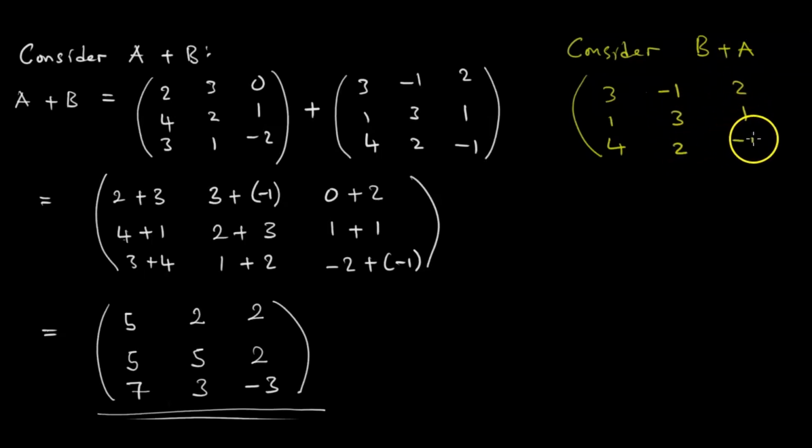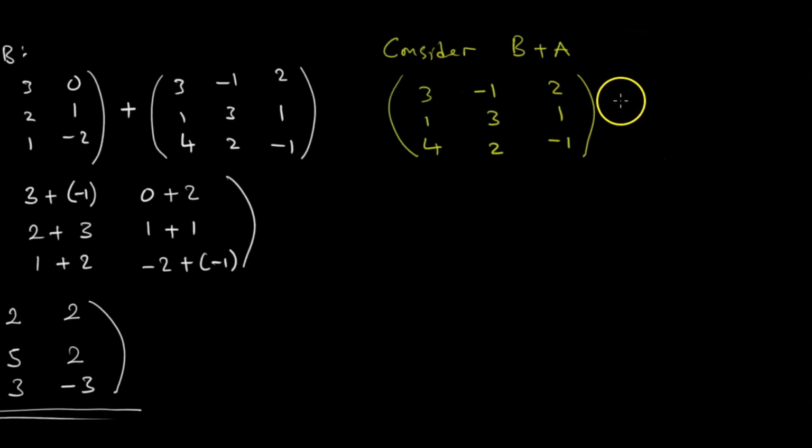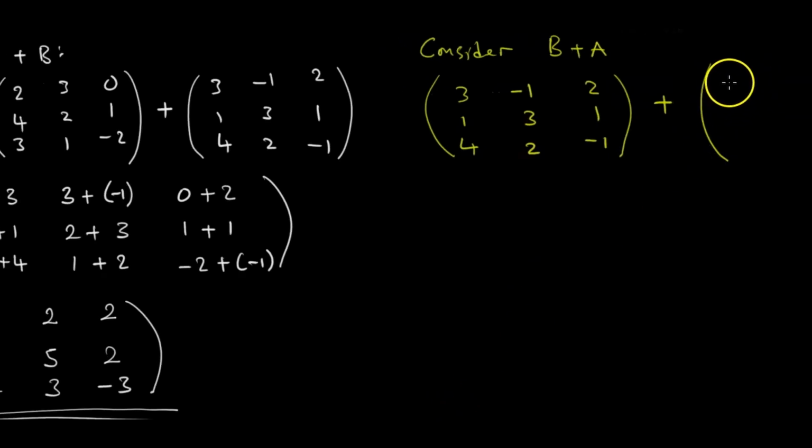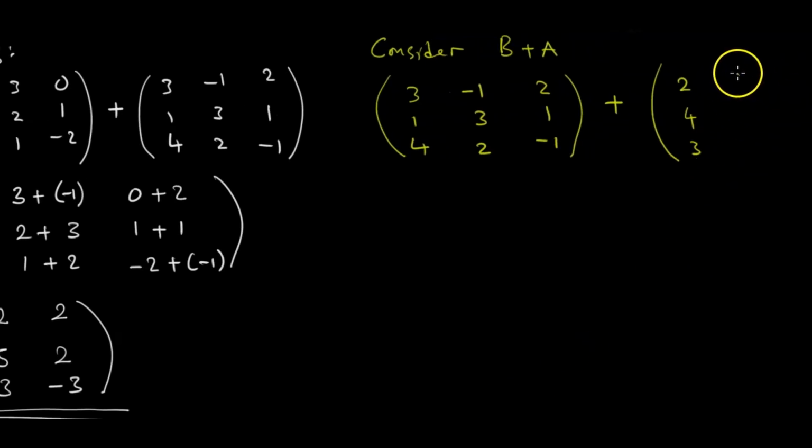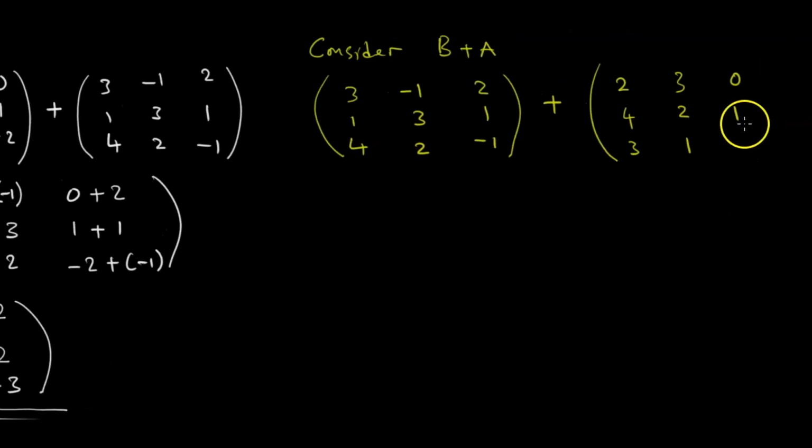Then 2, 1, minus 1. Here this is being added to A. What is A? A is 2, 4, 3. Then 3, 2, 1. Then 0, 1, minus 2.